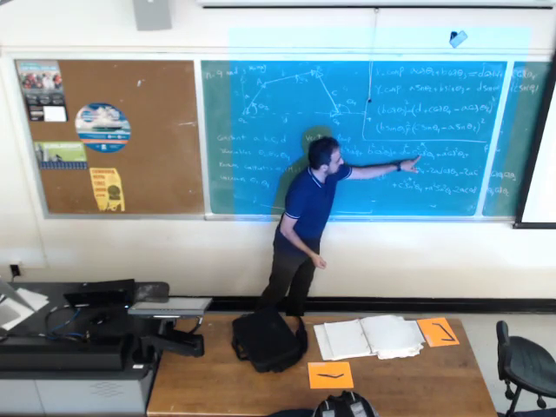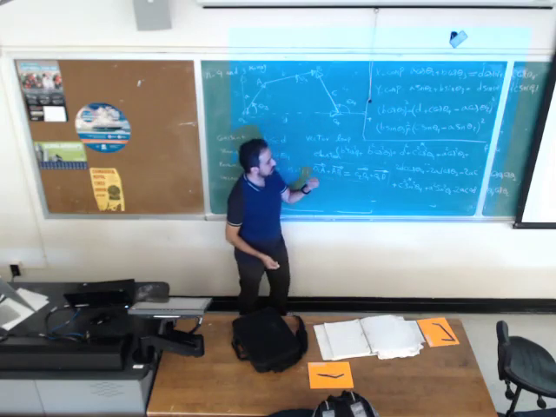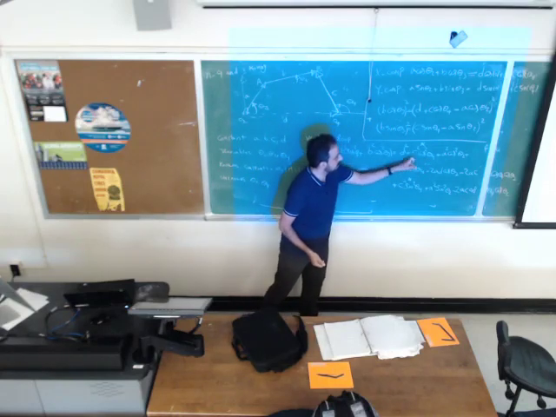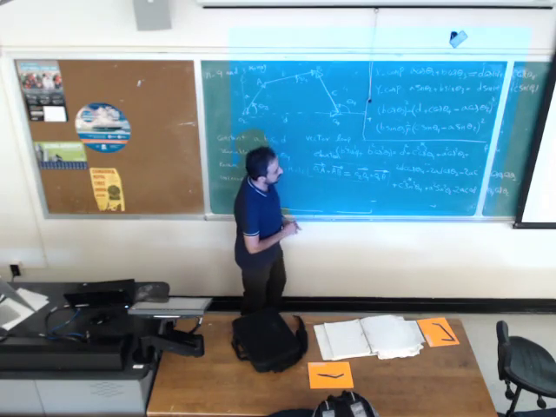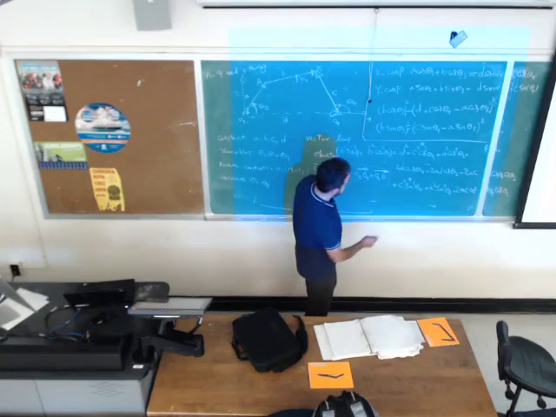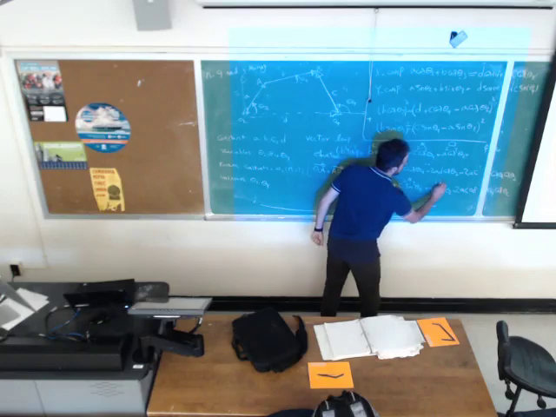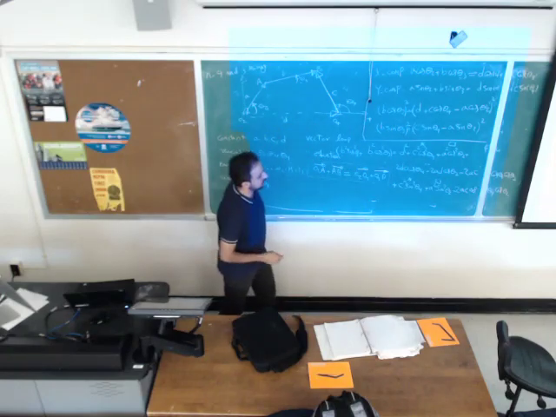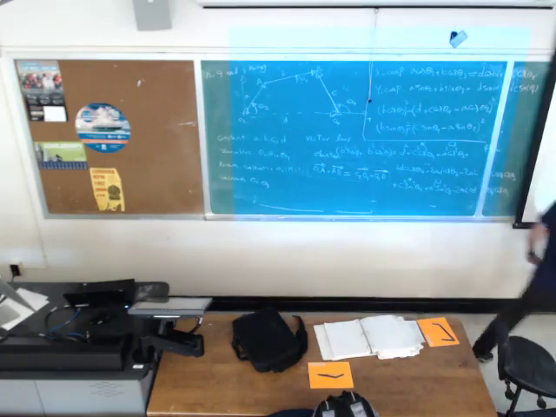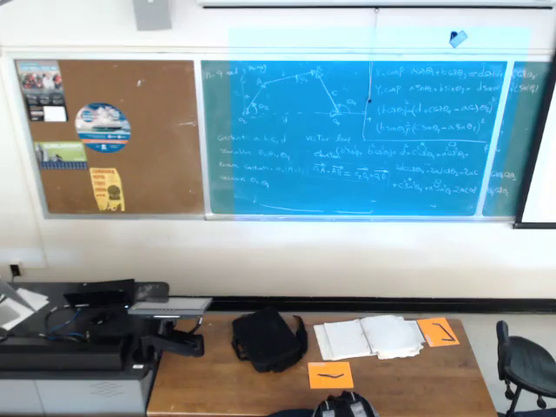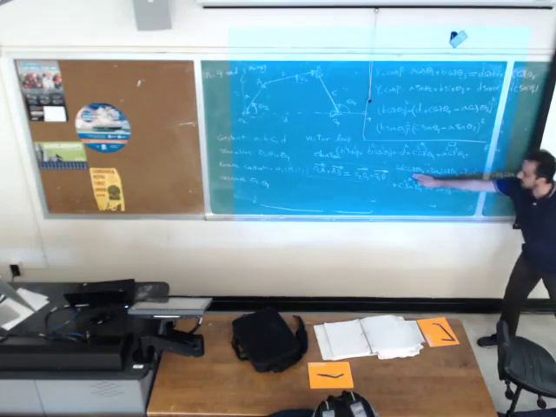Out of these two, I will get cosine squared plus sine squared. The angles are the same, I will get only c squared. These two, a squared cosine squared of theta 2, a squared sine squared of theta 2. Same logic, I will get a squared. I'm just rewriting the rest.